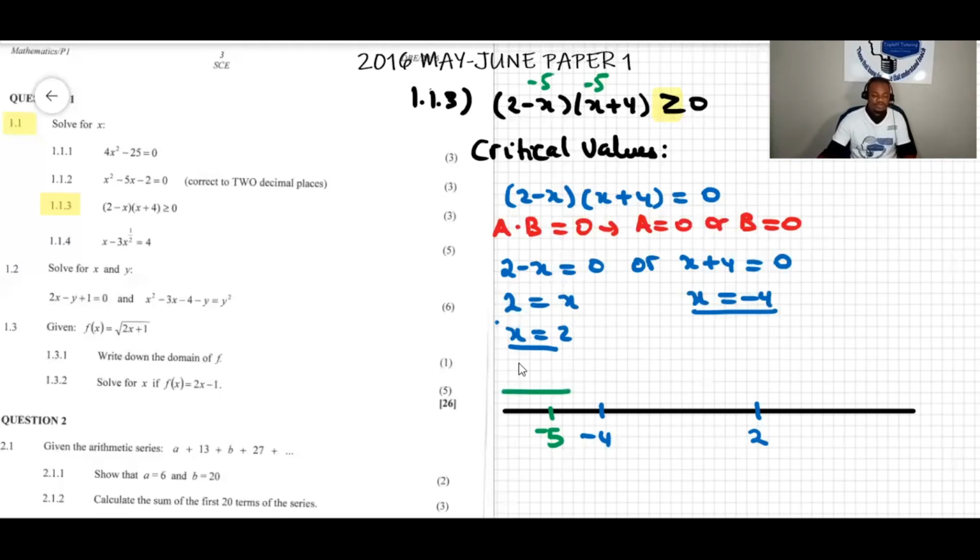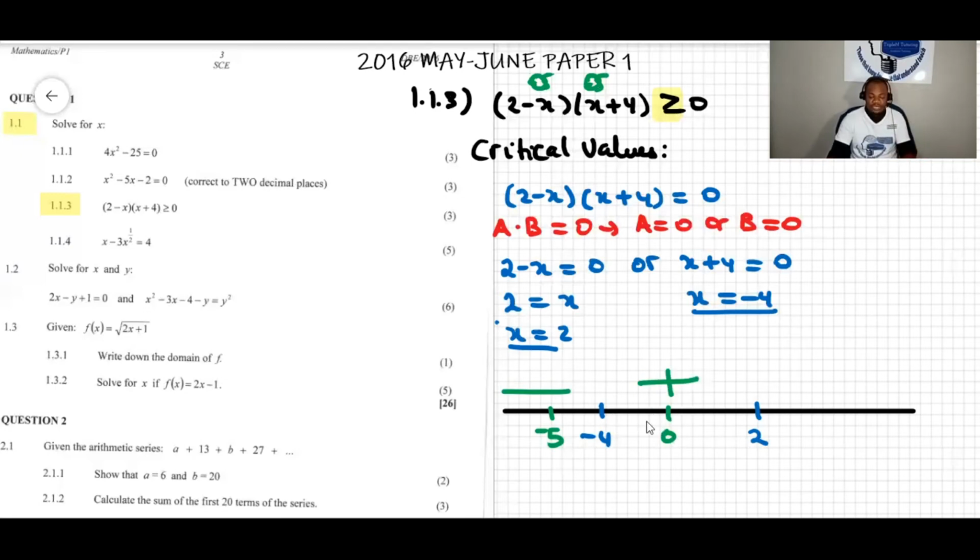Then I'm going to look at the other interval, from negative 4 to 2. I'm going to pick any number, and I prefer to take 0, because with 0 the calculation is much easier. If I substitute 0 for x, I will have positive times positive, which makes positive.